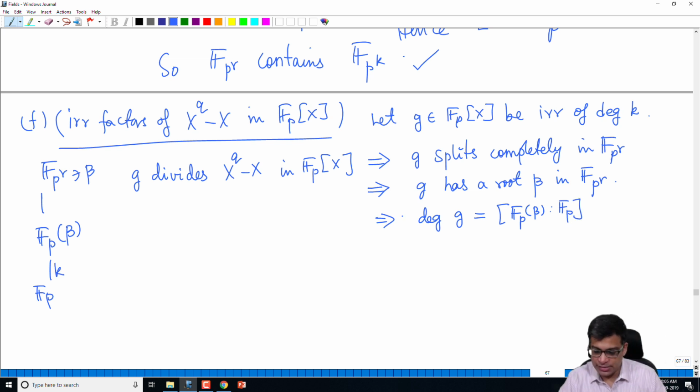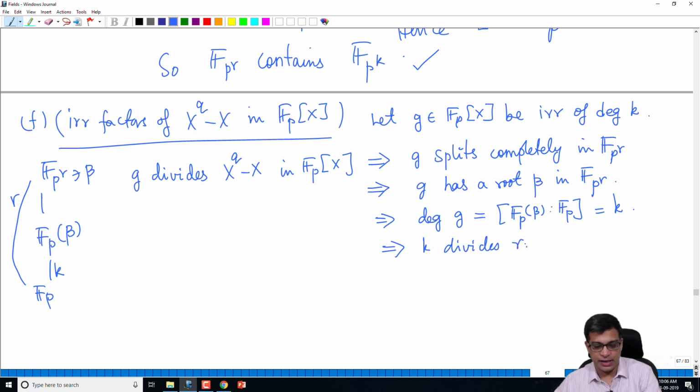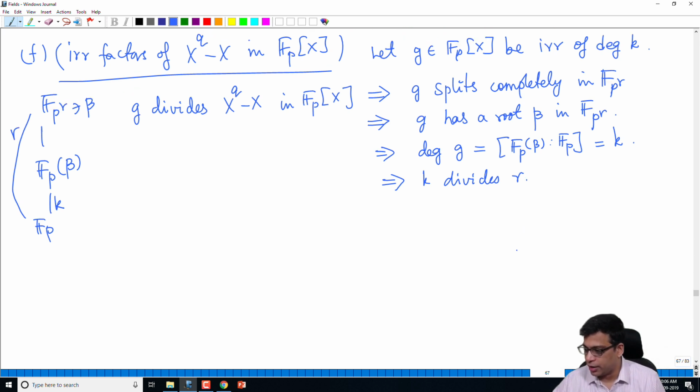So the degree of the field extension is k. Again, the degree of a field extension generated by an algebraic element is equal to the degree of its minimal polynomial. But that means this whole thing is r, so k divides r. So if g divides that, k divides r. On the other hand, suppose k divides r.